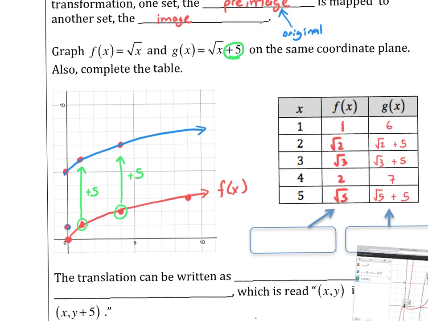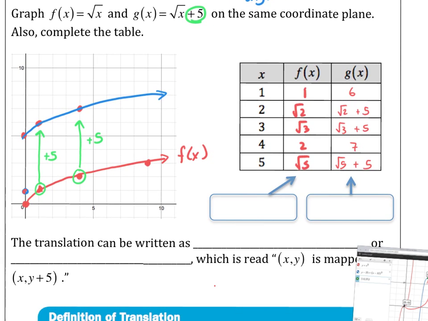An up 5 correspondence. So, in this context, I'm going to call this one the pre-image, the original. And I'm going to call this one the image. That happens in the secondary situation.